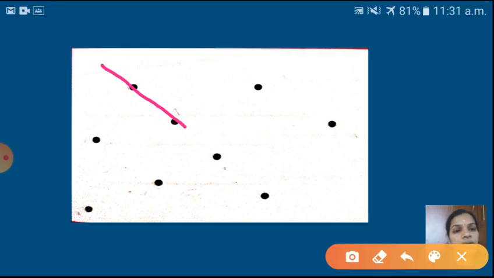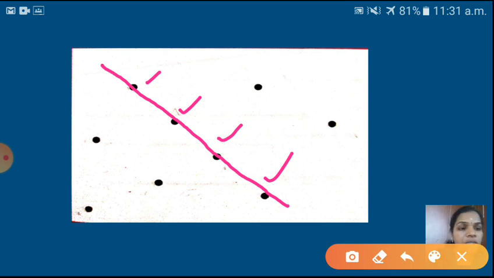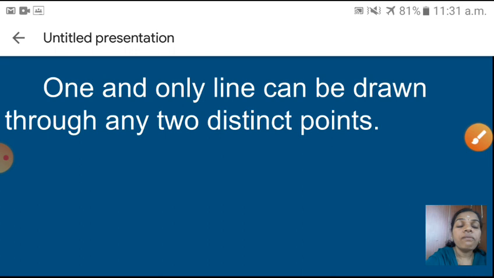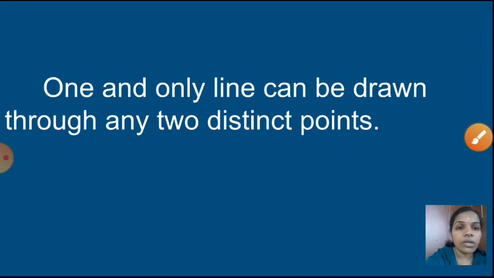So this is a straight line, and these points we can say are collinear points. Understood children? One and only one line can be drawn through any 2 distinct points.